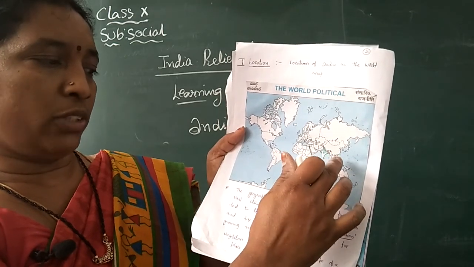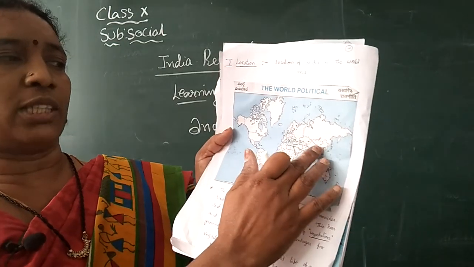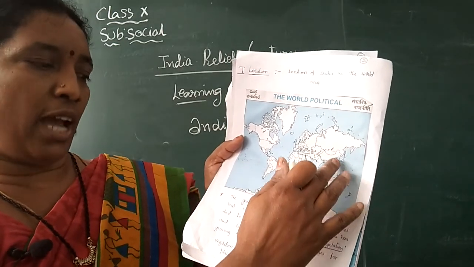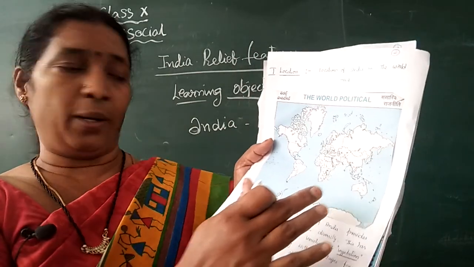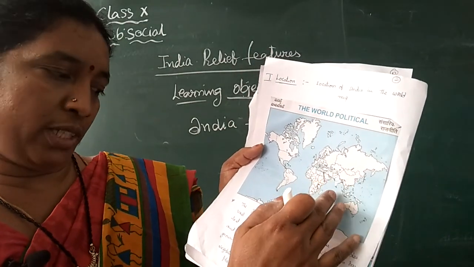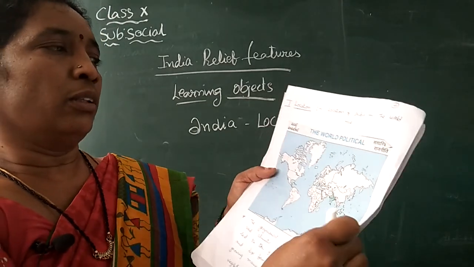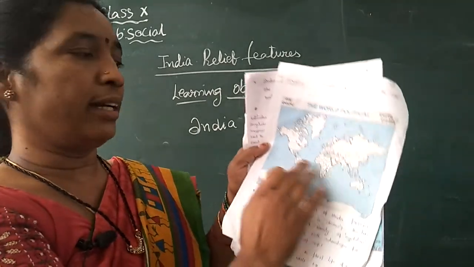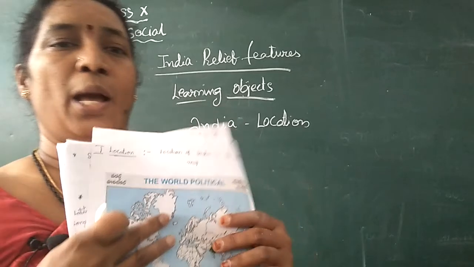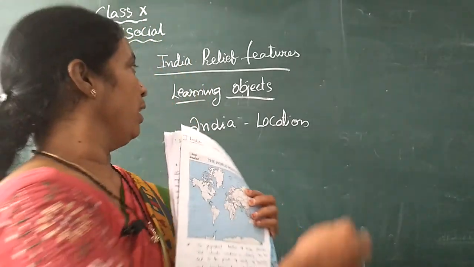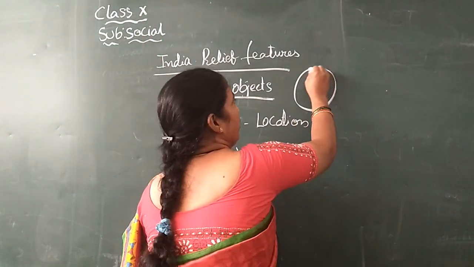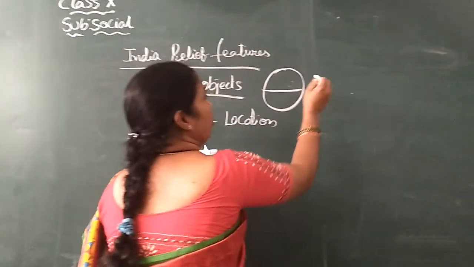The geographical location of India provides vast climatic diversity. This has led to the growth of a variety of vegetation and many kinds of crops. So this is about India, and it is above the equator. You all know that generally we have 2 hemispheres, with the 0 degree longitude.